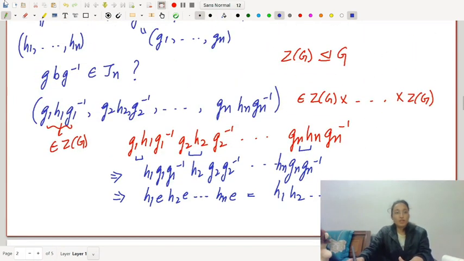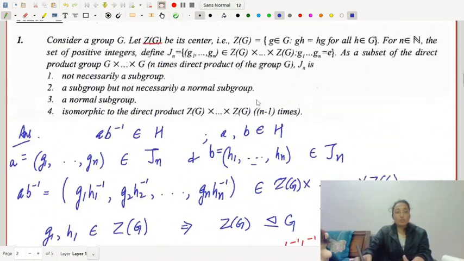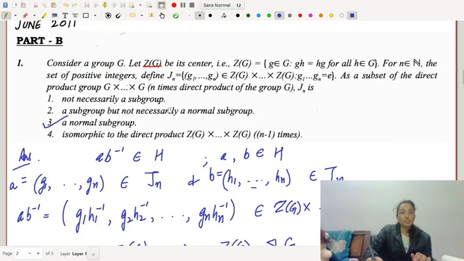Hence, this element belongs to Jn and it is a normal subgroup of G cross G n times. Thank you.